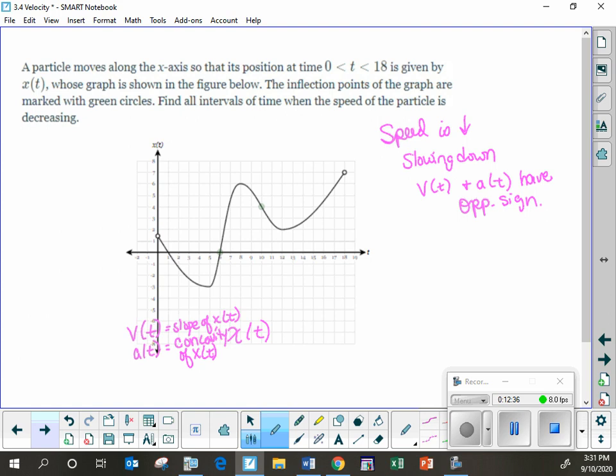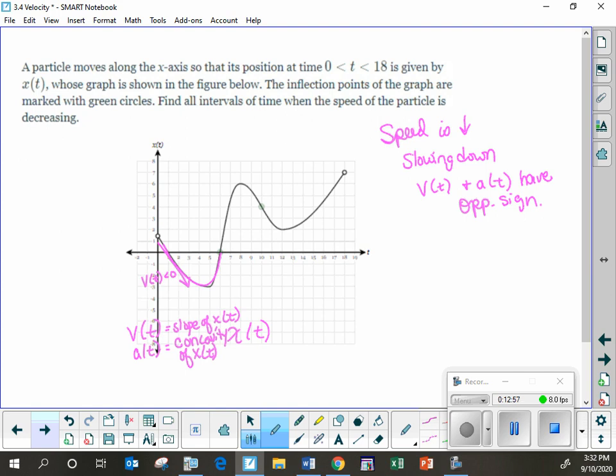So if my slope is down, so v of t is less than 0, it's negative, then I would need opposite, I need concave up, I need a of t to be positive. And this is concave up.